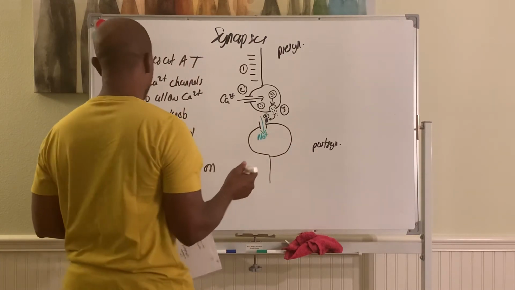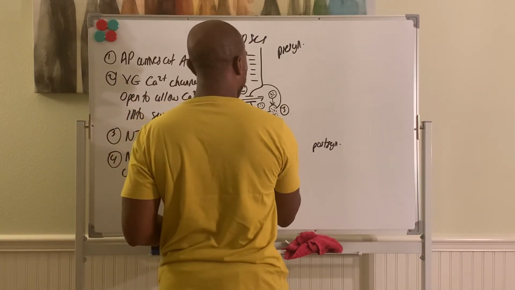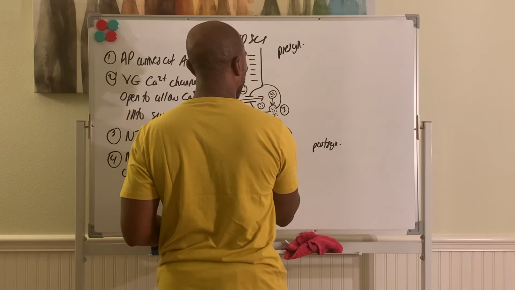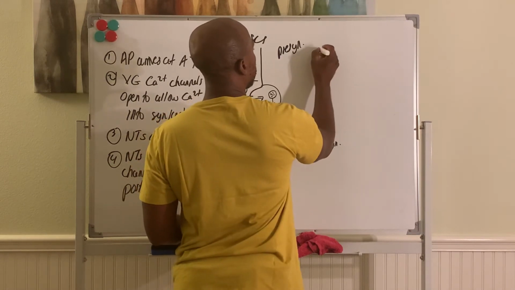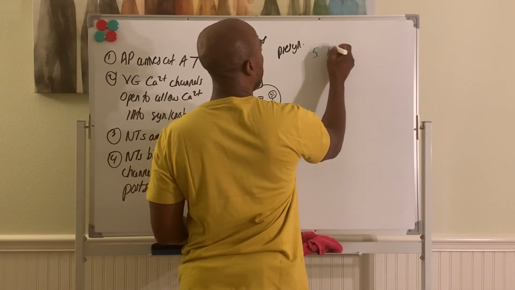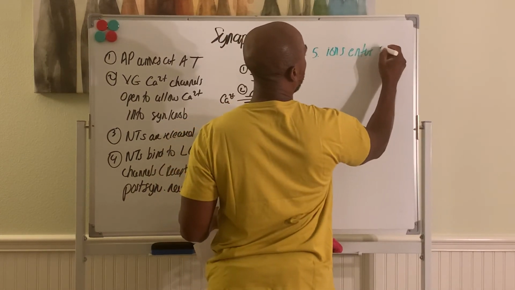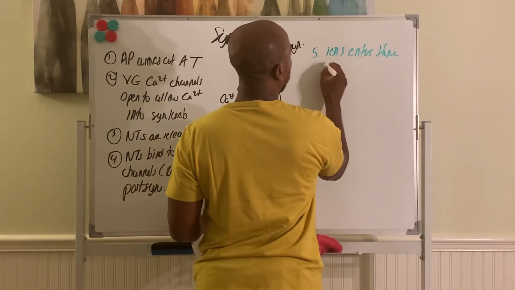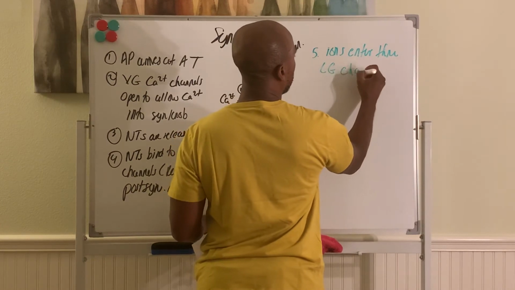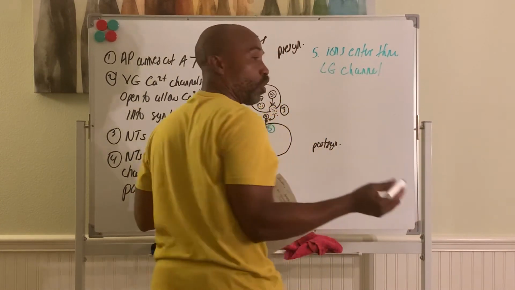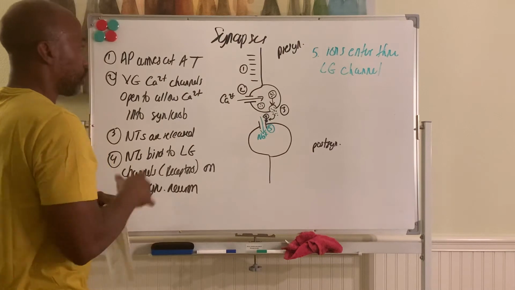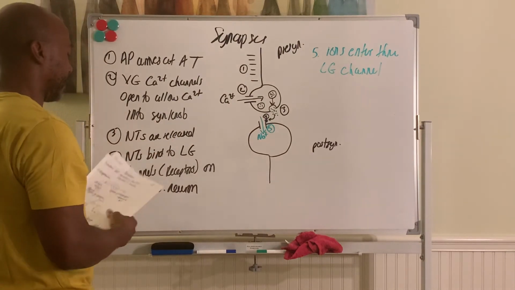Okay, so step five. Ions enter through the LG channel, or they may even leave actually, but most times at synapses we see them going in.